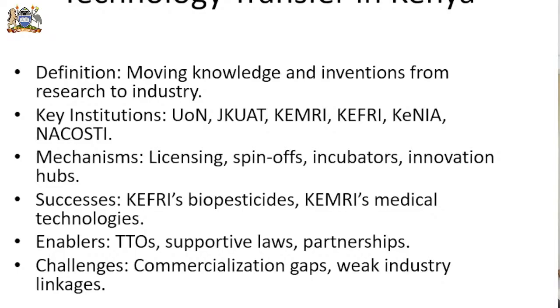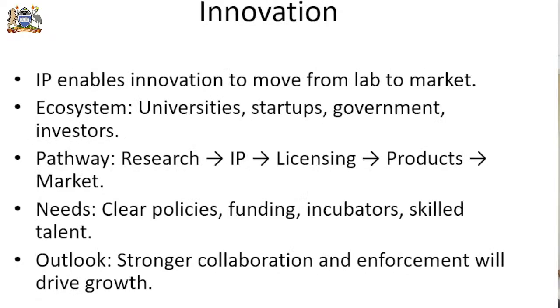Now moving to the next slide. So linking intellectual property, technology transfer, and innovation is extremely important. Obviously, the ecosystem requires that universities, startups, government and investors all work together to be able to create a robust ecosystem for technology transfer.